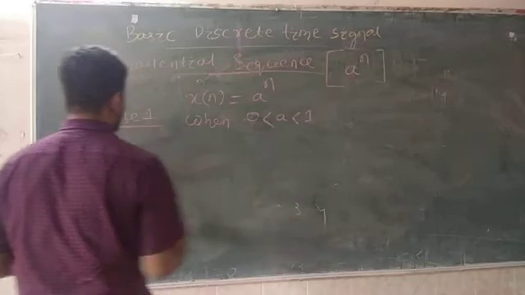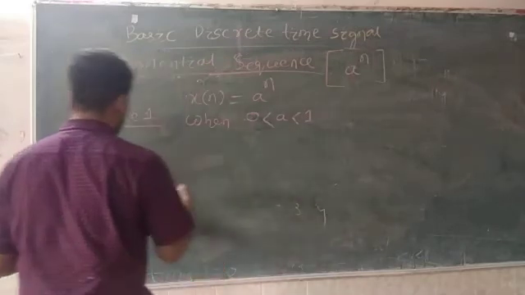So when a is between 0 and 1, this graph will be like this.